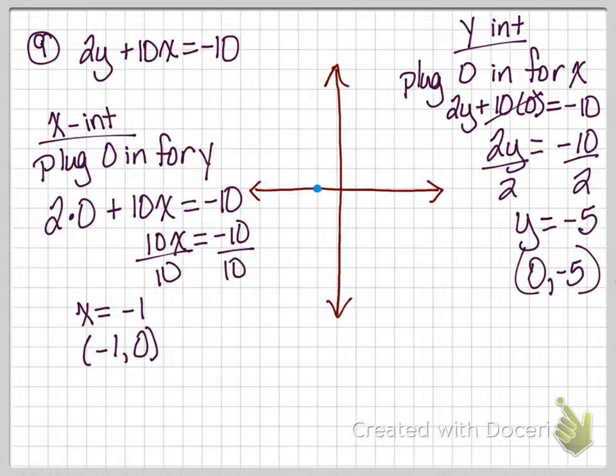My y-intercept is 0, negative 5. So my line looks something like that. Okay? That is graphing using intercepts.